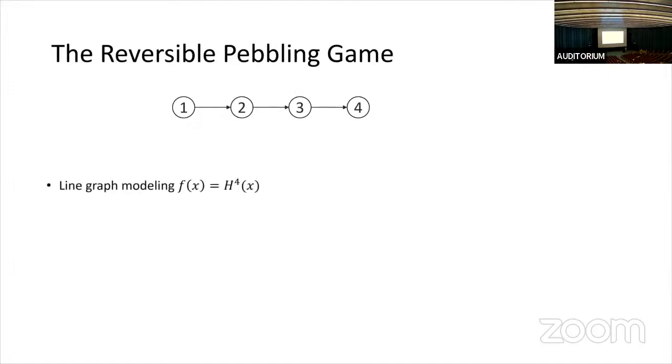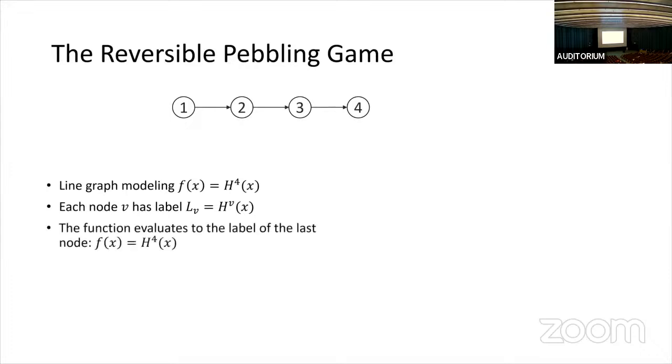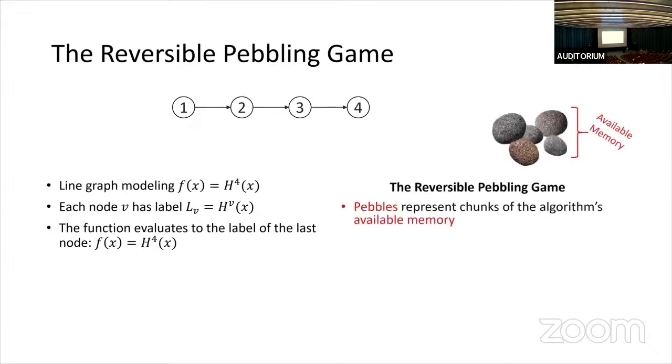Well, in this setup, we have some DAG. In this case, it's a line graph, which represents our iterative function like before. Each node has a label. In this case, the label for node v is just h to the v. And the label of the last node in the graph corresponds to the output of the function. In this game, we have a set of pebbles, and each pebble represents a chunk of memory.